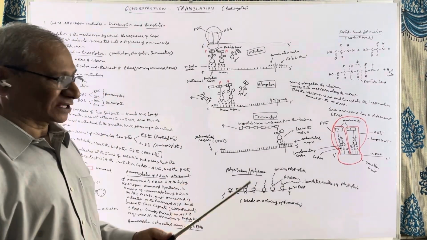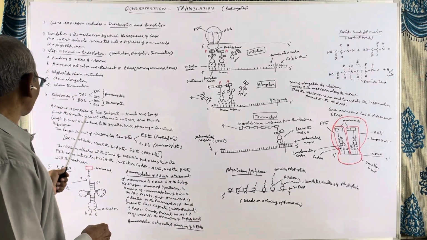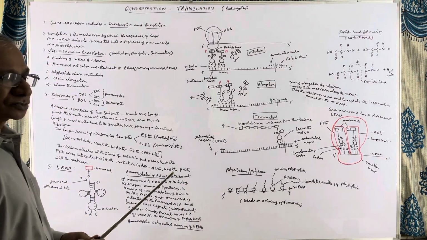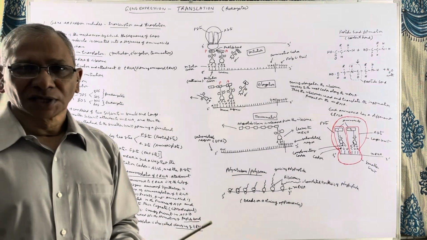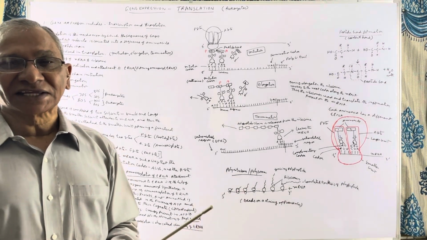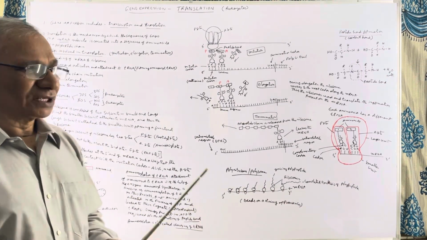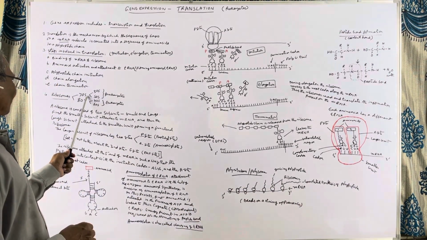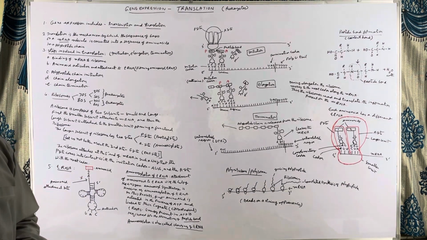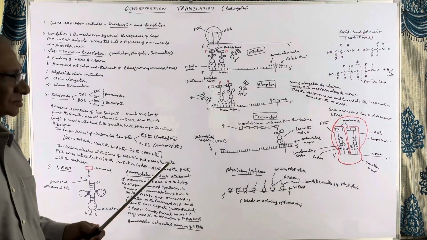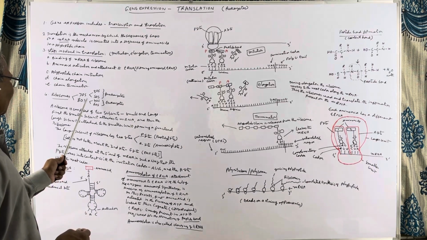Before I proceed any further, I would like to describe ribosomes. Ribosomes are two types, 70S and 80S type. 70S type are present in prokaryotes and also in the mitochondria and chloroplast. 80S ribosomes are present in eukaryotes.